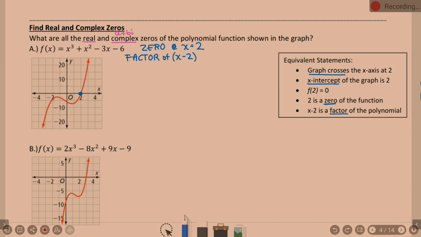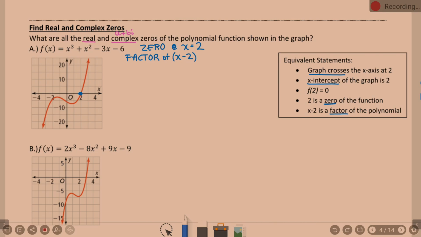Okay. Now, back to this problem. We spotted one real zero, yes? Do you physically see any other zeros? Are there any other places my graph crosses the x-axis? No. So I only have one real zero. One real solution to this problem. How many solutions should I have to this problem?